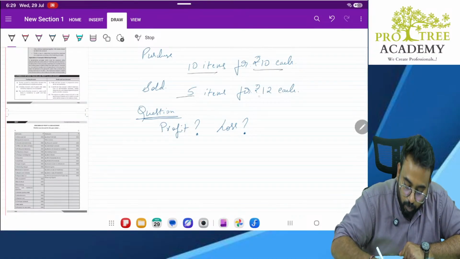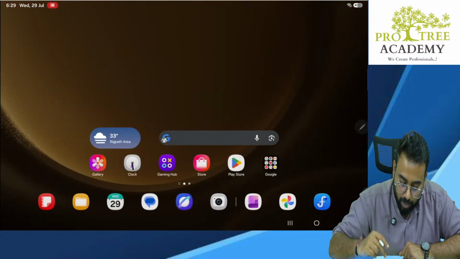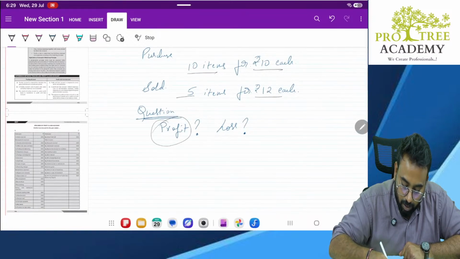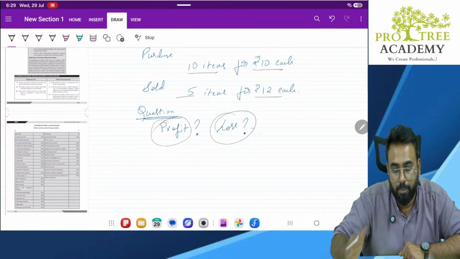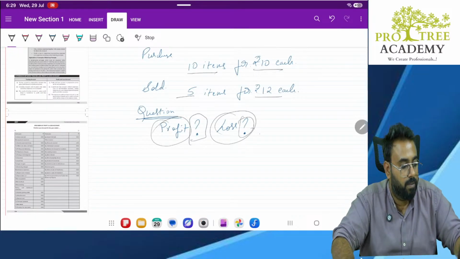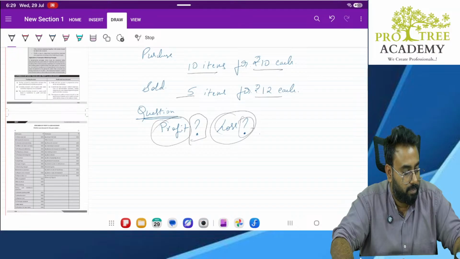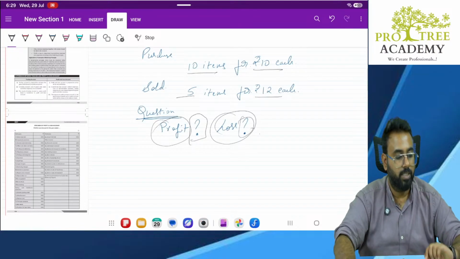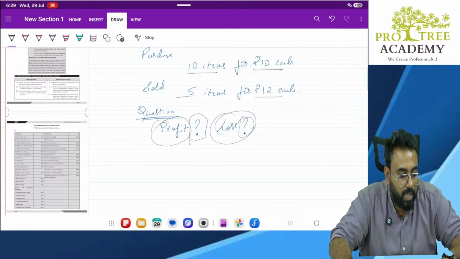I sold 5 items for 12 rupees. So did I make a profit or did I make a loss? Whatever, profit or loss, tell me how much. Yes, please put it in your chat box. I want to know the answers.